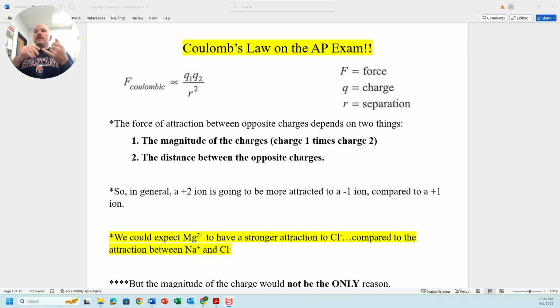You're also going to be using it to explain why this dipole-dipole interaction might be stronger than that dipole-dipole interaction, or why that's a hydrogen bond, but that's just a dipole-dipole interaction. It really just comes down to Coulomb's law. We know opposite charges attract each other and like charges repel, but what are the things that cause that strength of attraction to increase or decrease?